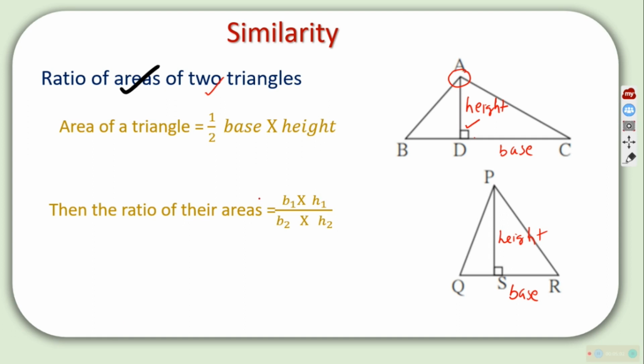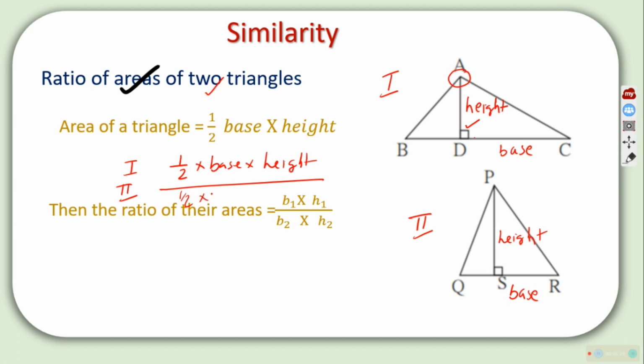In that case, we will write triangle 1, triangle 2, and if I compare that of 1 with that of 2, I will write that first one is half into base into height, upon the other one half into base into height. ऐसा लिखना पड़ेगा ना.